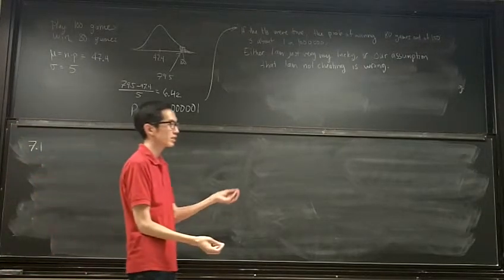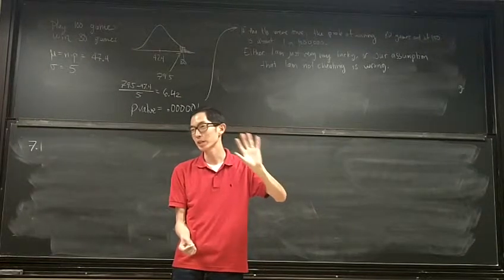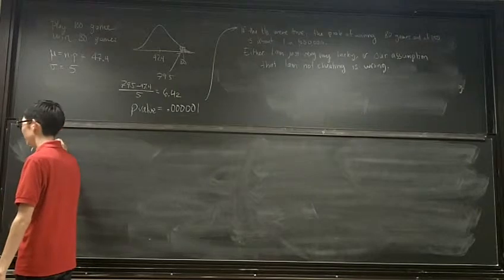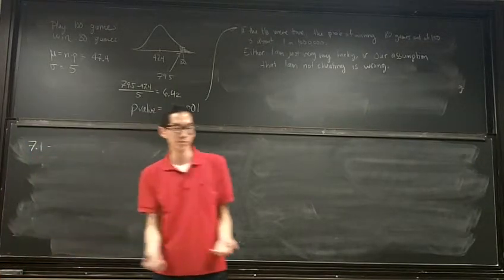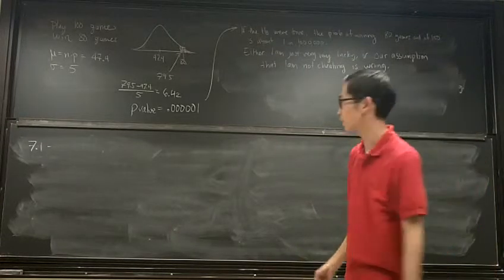7.1 is trying to get this idea of what could happen by truly random chance. They call this, I don't know what they call this, the randomization test.